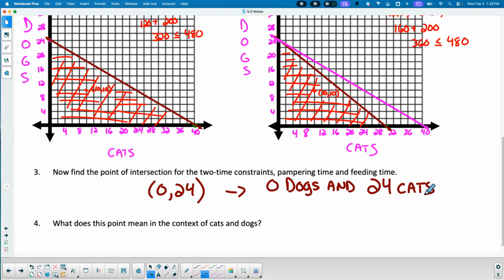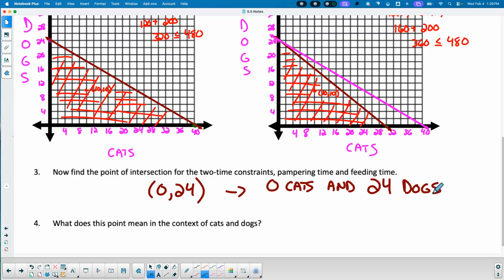Okay. The point 0, 24 in this scenario means 0 cats and 24 dogs.